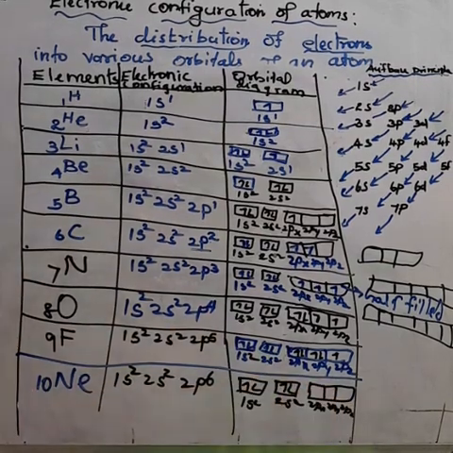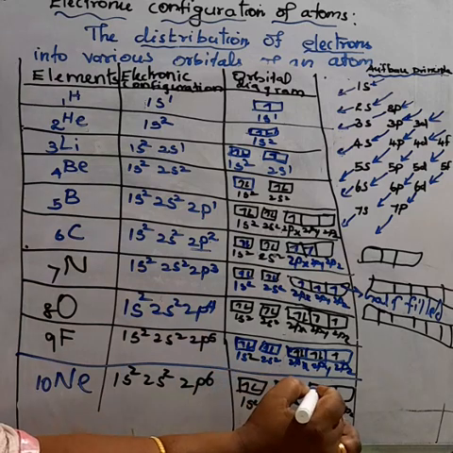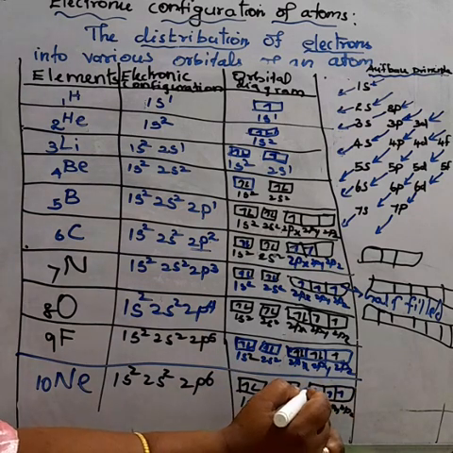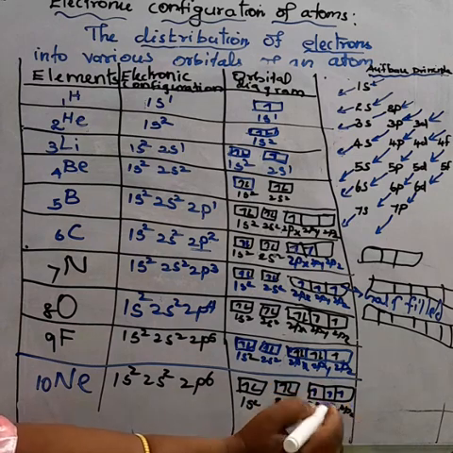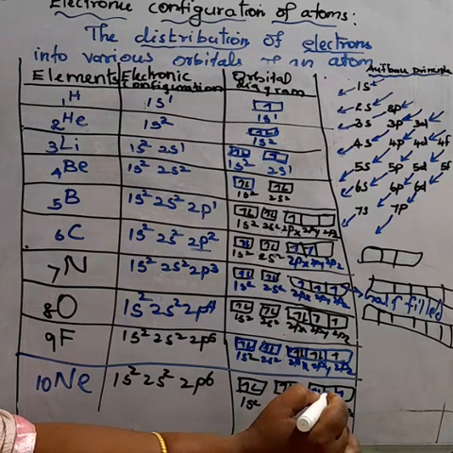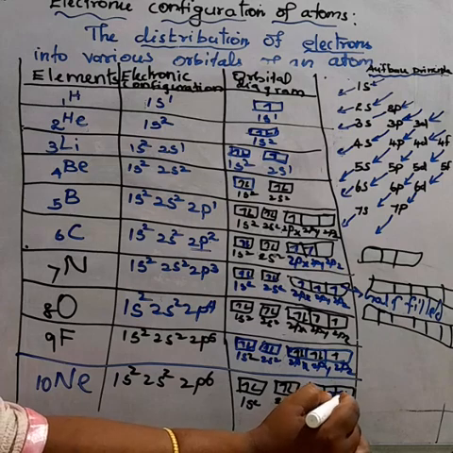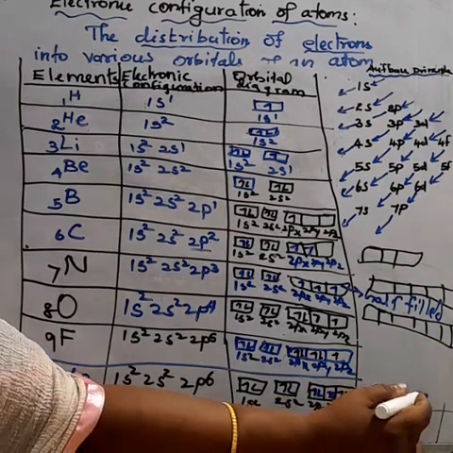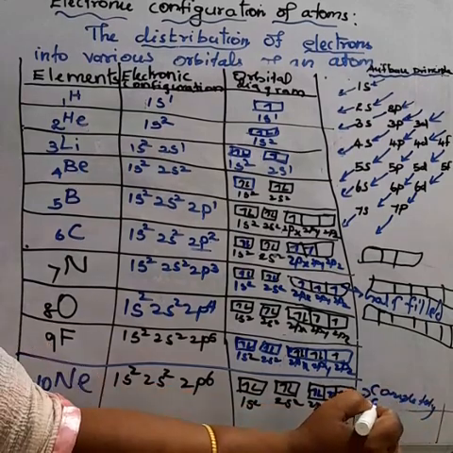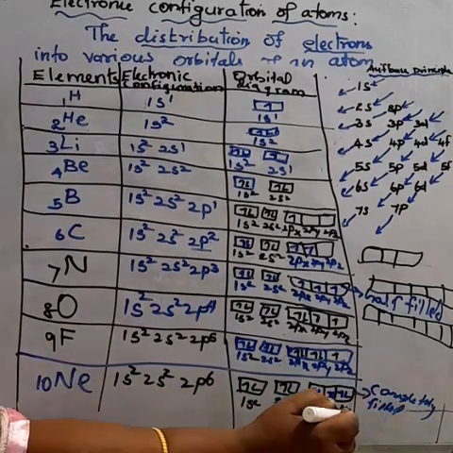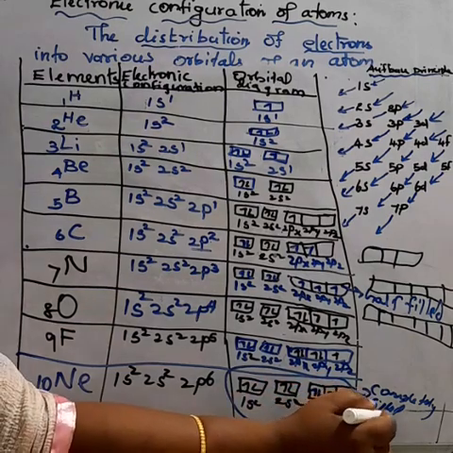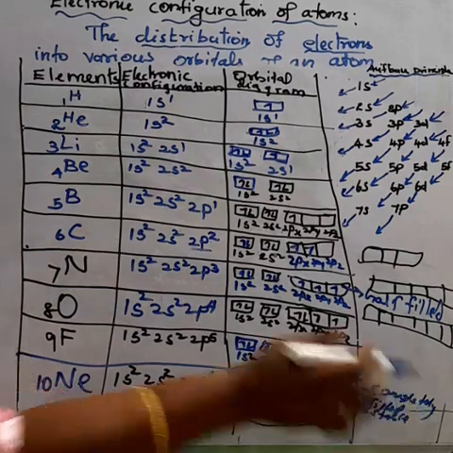First we should fill singly according to Hund's rule. Okay, totally 6 electrons, so it is completely filled. 3, and after that the down spin 3 electrons. So for neon, this is the stable electronic configuration, that is the completely filled electronic configuration.